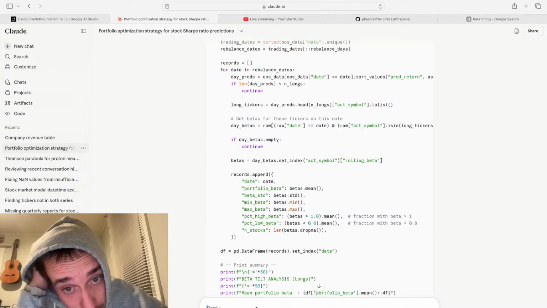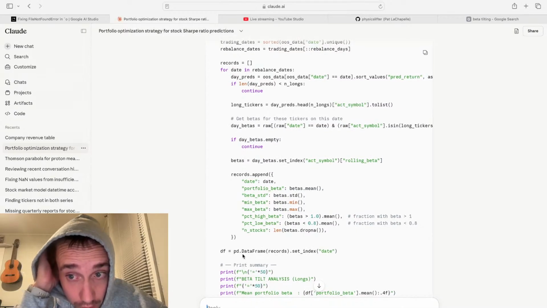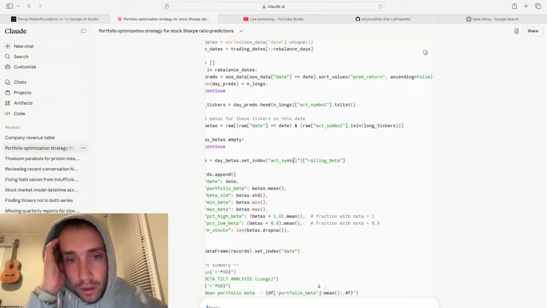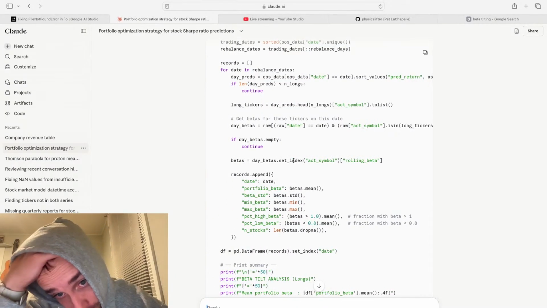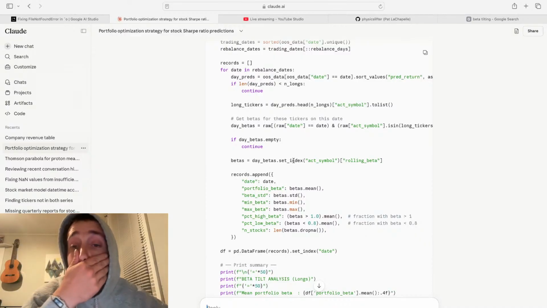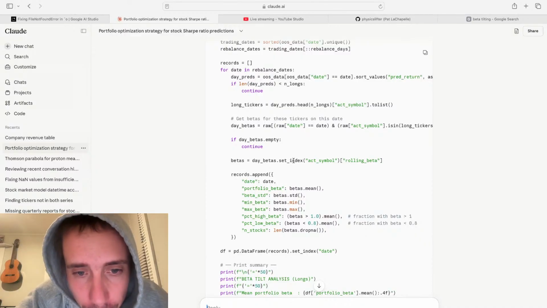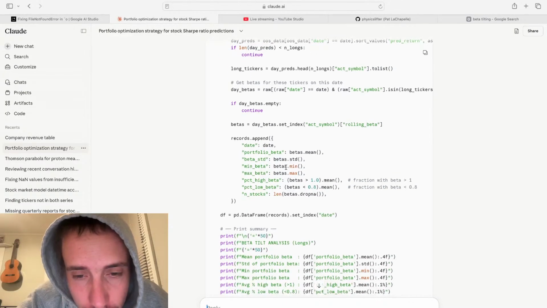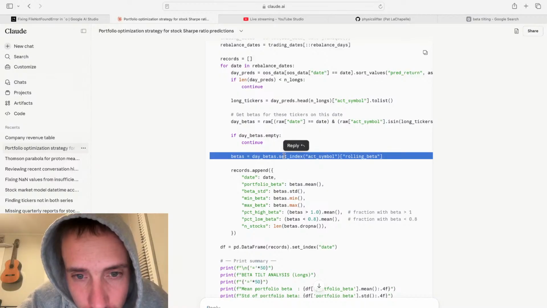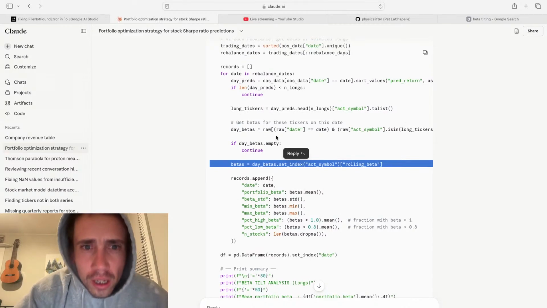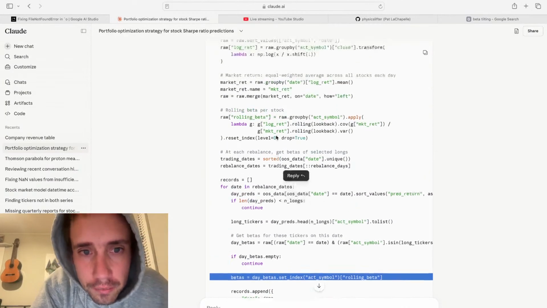Oh, day betas. Betas. So does it add rolling beta? Oh yeah.